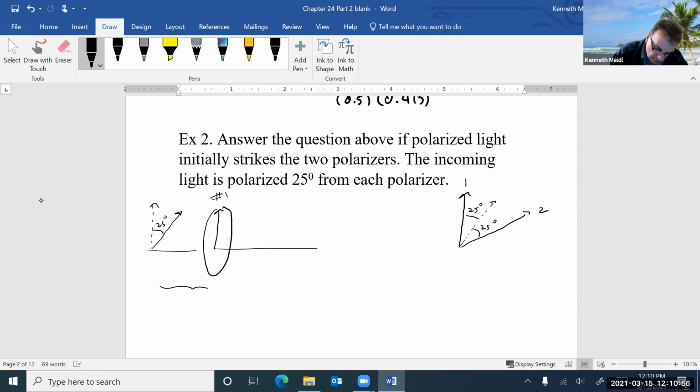And so right here, I've got to do something like the law of Malus. This is I0 and this is I1, but I'm going to have to do a calculation here. And there are 25 degrees between those two vectors. And so I'm going to go to my calculator. I'm going to hit 25, take the cosine, and square that, and I get 0.82 or something like that.